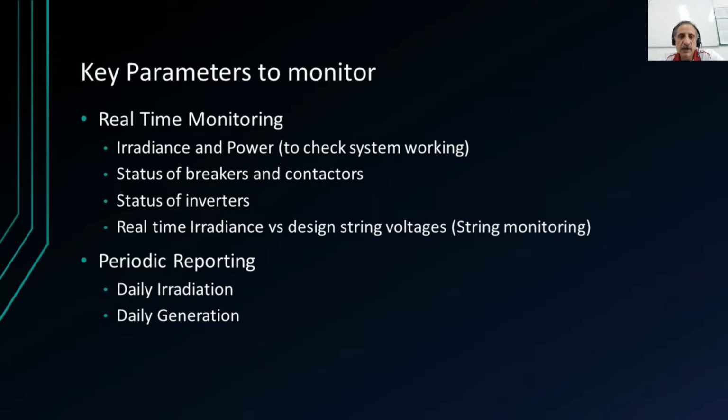On a periodic basis, we report the irradiation, the total amount of sunlight falling during the day, and the amount of energy generated by the plant on a daily basis. This is then fed into our algorithms, which calculate the performance of the system in the short term, which is the daily performance ratio, and analyze the same over a period of time, to see whether the system needs maintenance or attention.